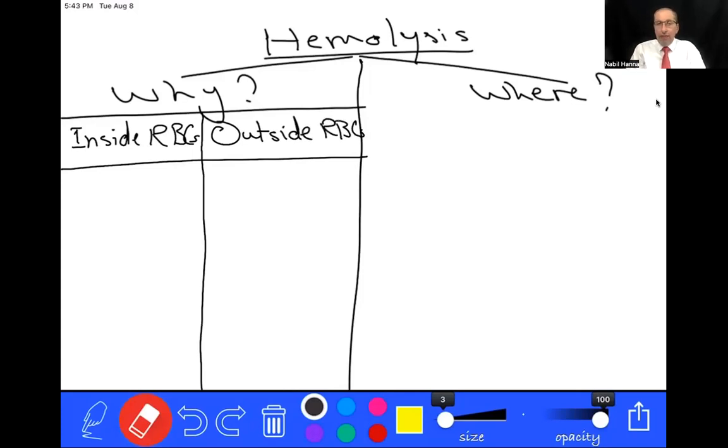So the causes of hemolysis, something wrong inside the red blood cell. And usually when the problem is inside the red blood cell, the condition is congenital. It's something you're born with. And we refer to this problem as an intrinsic problem. Because the problem is in the red blood cell itself.